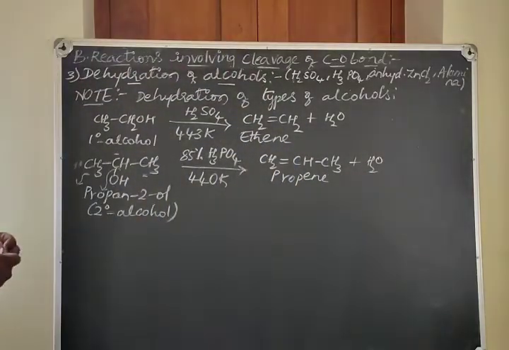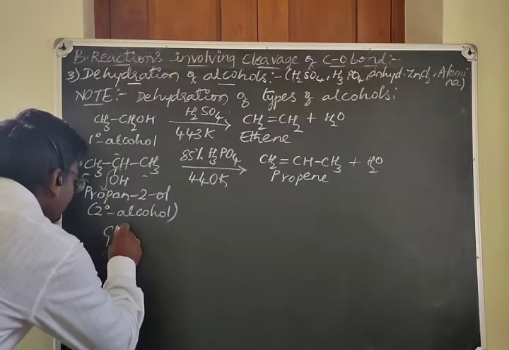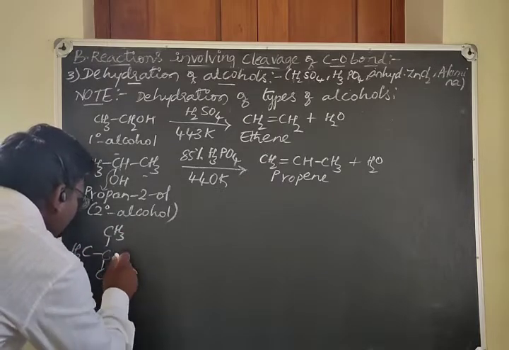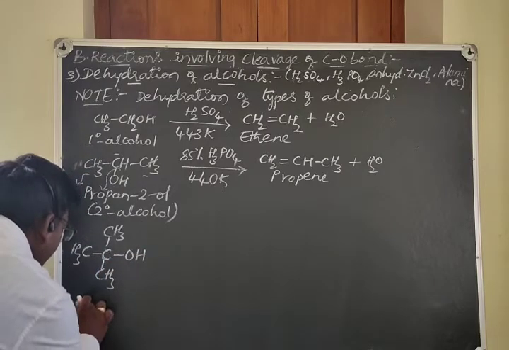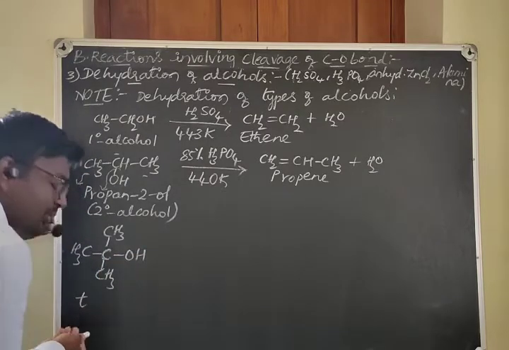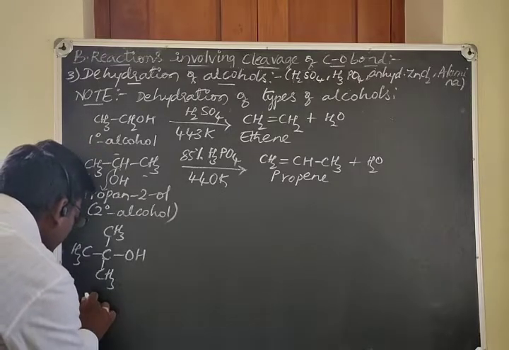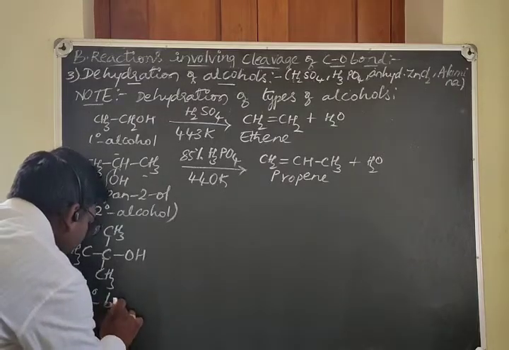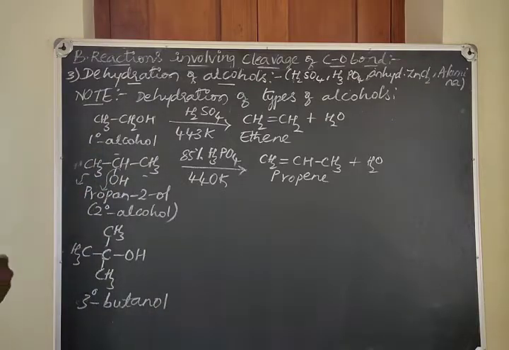Okay. Now come to the tertiary alcohol. We take this molecule, that is tertiary butanol. You can represent it by T or 3 raised to 0, means superscript 0, tertiary butanol. Okay, means it is a tertiary alcohol.